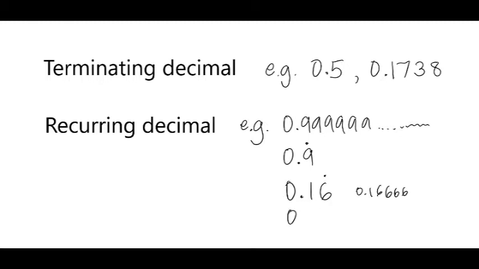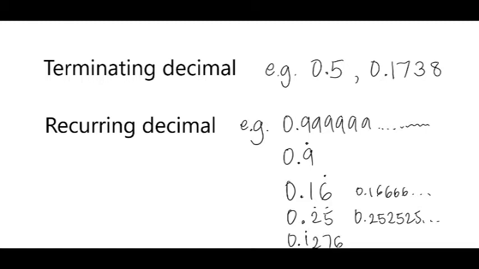If you had, let's say, 0.25, and this time there's a dot over the 2 and the 5, that tells us that both of these numbers recur. So this one would look like 25, 25, 25, and so on. Get the idea? And if there are more than 2 numbers that recur, then rather than put dots over a lot of them, we can do something like this.